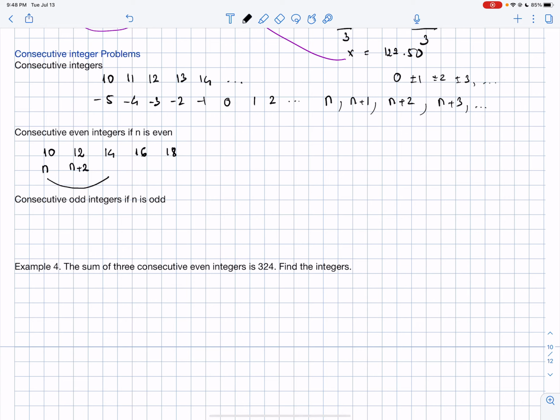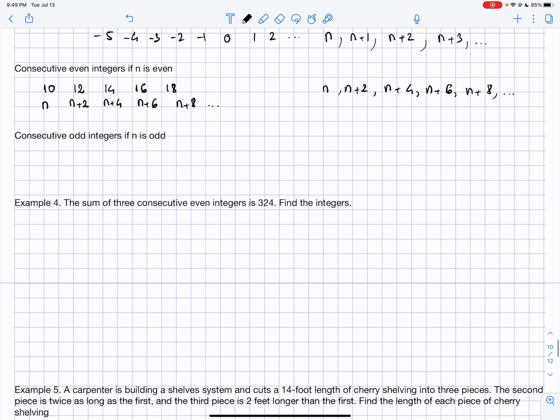And from 10 to 14, it is 4 steps away, so n plus 4. Then n plus 6, so 10 plus 6, right? And then 10 plus 8, and so on. So the consecutive even integers, if n is even, will be n plus 2, n plus 4, n plus 6, n plus 8, and so on.